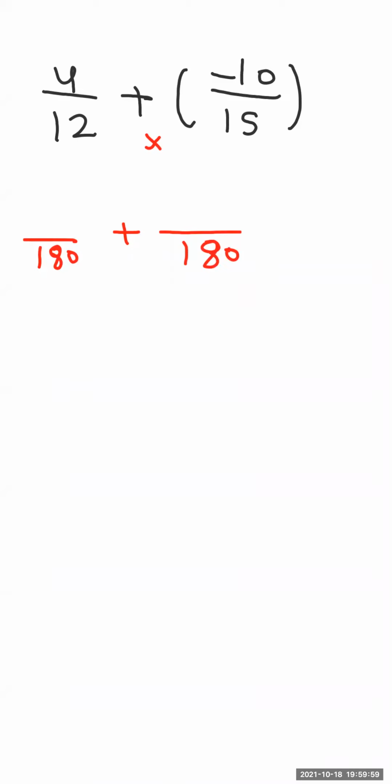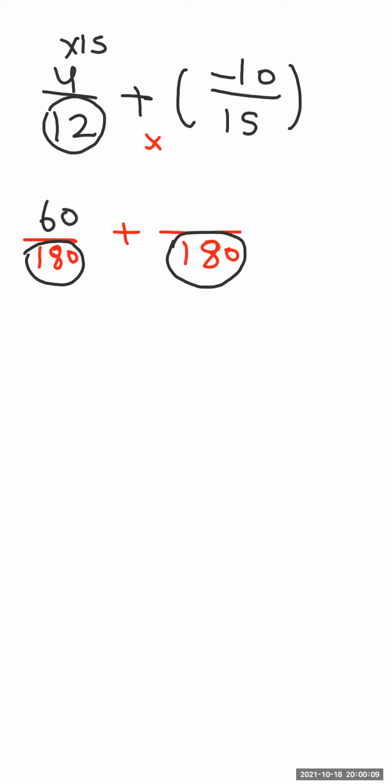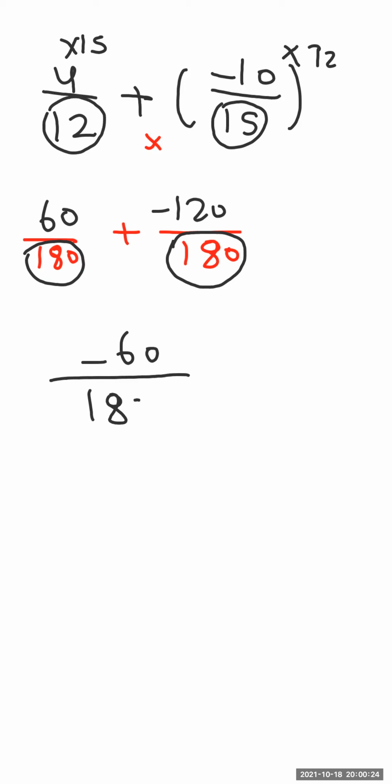Then divide this one by 12, it will equal 15 times 4, it will be 60. And this one divided by 15, it will equal 12, 12 times 10, it's 120, and it's a negative. 60 plus negative 120, it's negative 60 over 180. Now simplify the numbers. It will equal negative 1 over 3 by dividing the two terms by 60. Correct, guys?